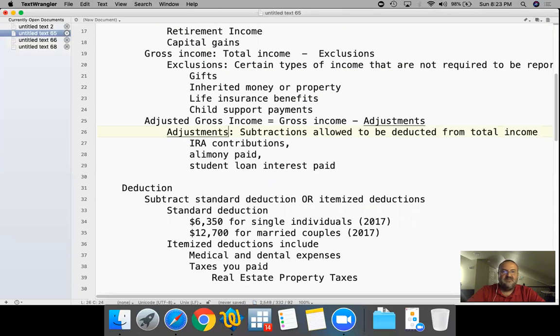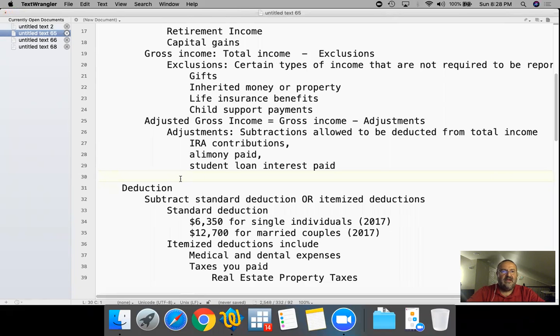So these adjustments are the subtractions that you are allowed to deduct from your total income. So your IRA contributions, if you paid any alimony, this is allowed to be deducted from your gross income. And if you paid any interest on your student loan, this is also allowed to be deducted from your gross income.